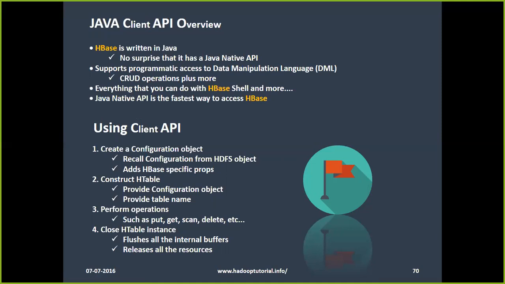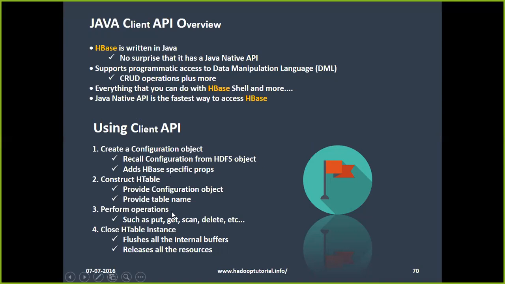It reads all those configurations as well. Okay. And then if your operations are at table level, meaning on a table, if you want to insert a record, get a record, or scan a record, or delete a record, table level operations, we need to construct the HTable object.